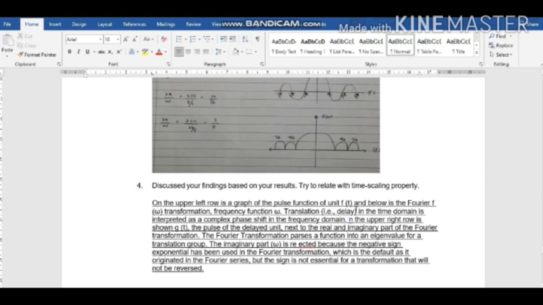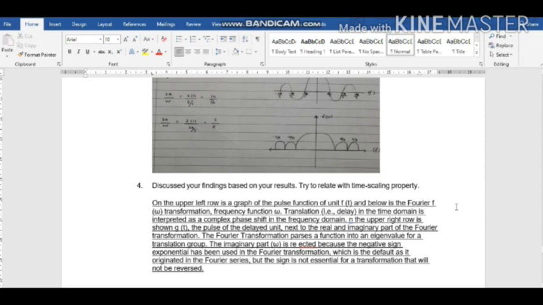A translation or delay in the time domain is interpreted as a complex phase shift in the frequency domain. And the upper right row shows g(t), the pulse of the delayed unit, next to the real and imaginary parts of the Fourier transformation. The Fourier transformation passes a function to an eigenvalue for a translation group.